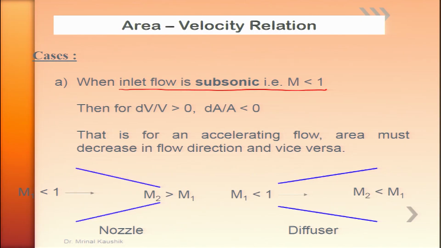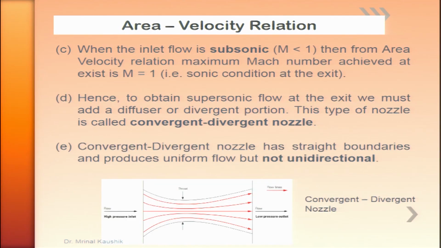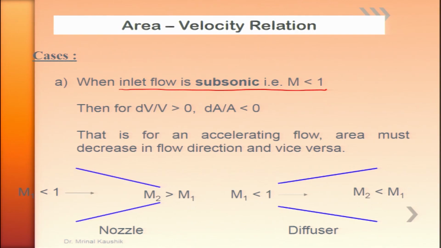Whereas any passage which reduces the speed is called a diffuser. In the subsonic case it is diverging, while in the supersonic case it is converging, and this additionally gives the definition of a diffuser as well.